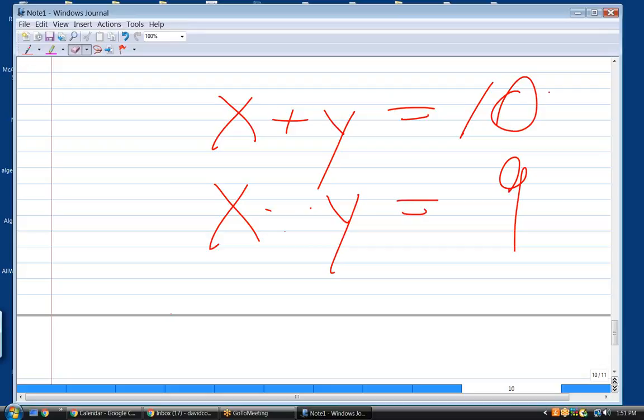And now if I wanted to say x minus y equals 9, that's fine. That works perfectly well. And notice that that's a completely different equation than the first one. How would I solve this? Do it by elimination, because both equations are in standard format.